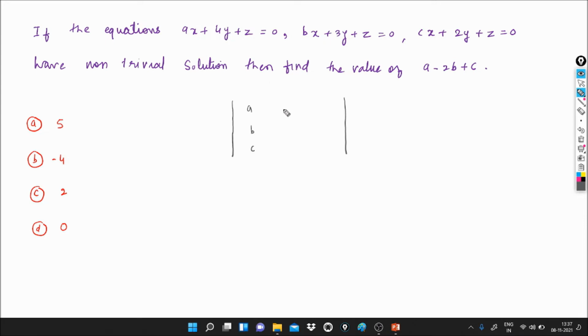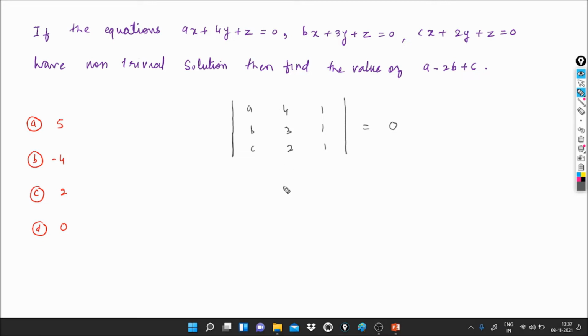The second column, the coefficients of y: 4, 3, 2. The third column means the coefficients of z: 1, 1 and 1. And the given system of linear equations has a non-trivial solution, which means the value of this determinant is 0.